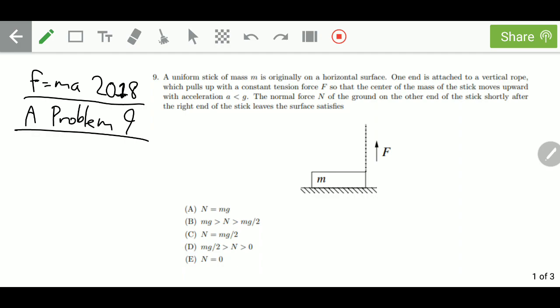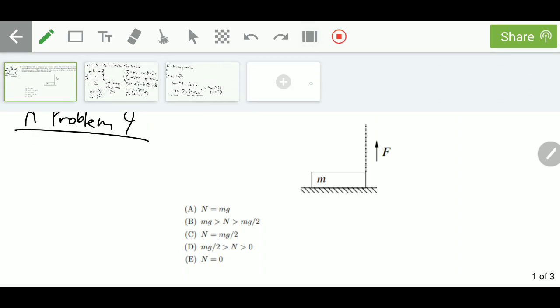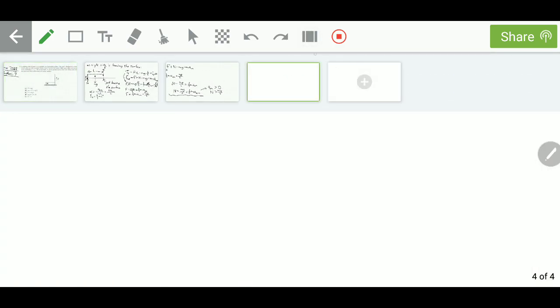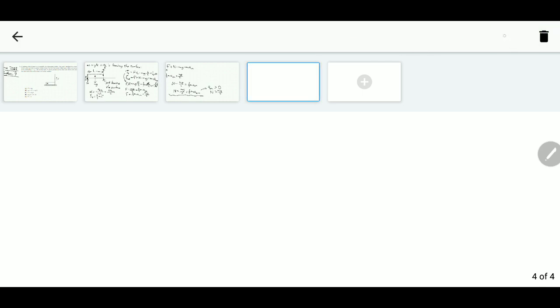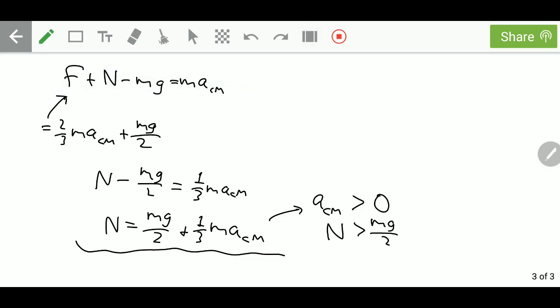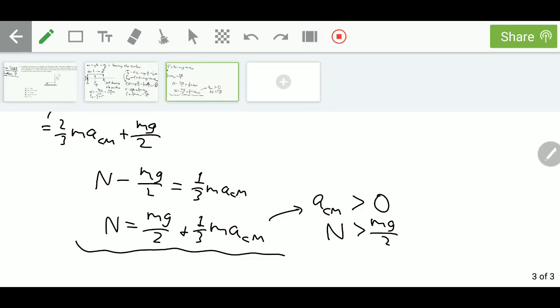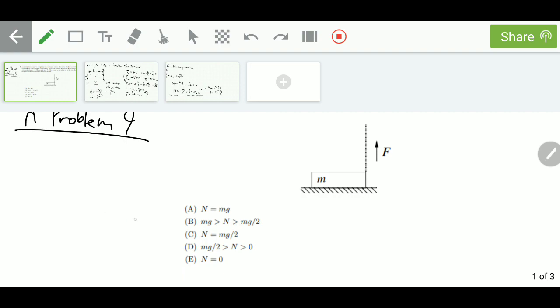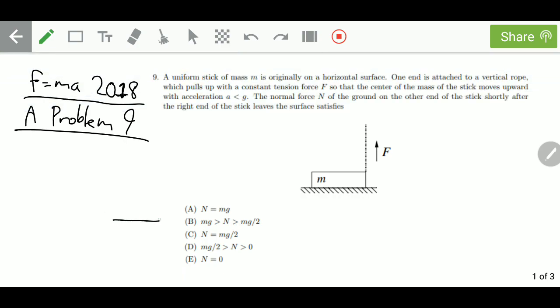We can also see, without too much trouble, that the normal force also has to be less than mg. And so what we end up getting is that the correct answer is mg greater than N greater than mg over 2.